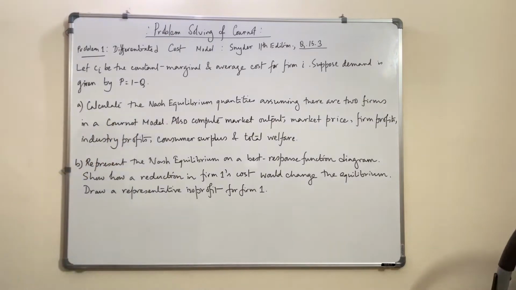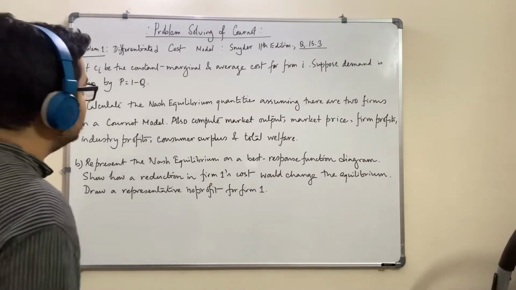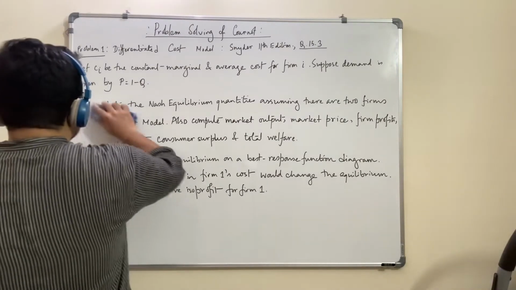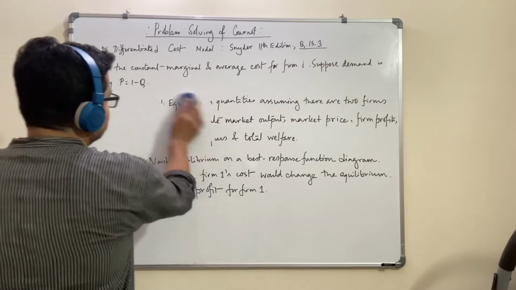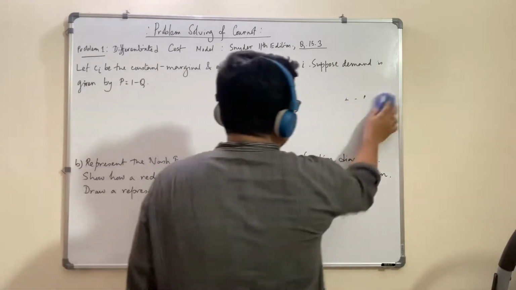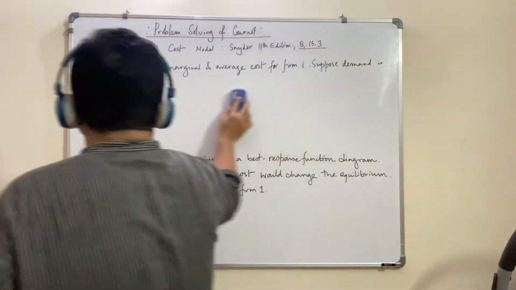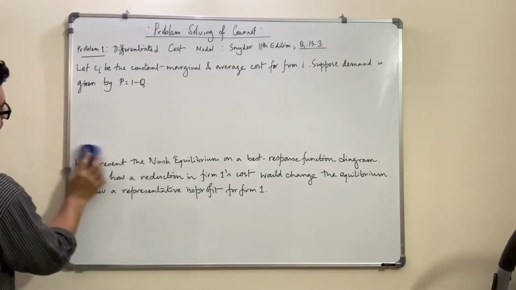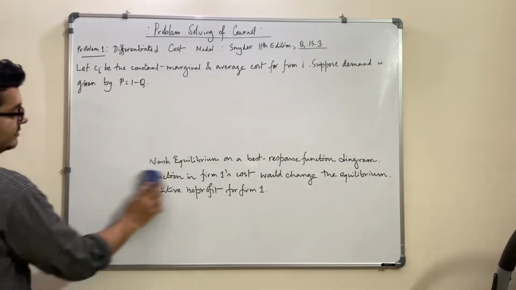Now I always say that when you have a lengthy problem, you make a list of what you have to compute, so that you don't have to look back at the problem time and again.